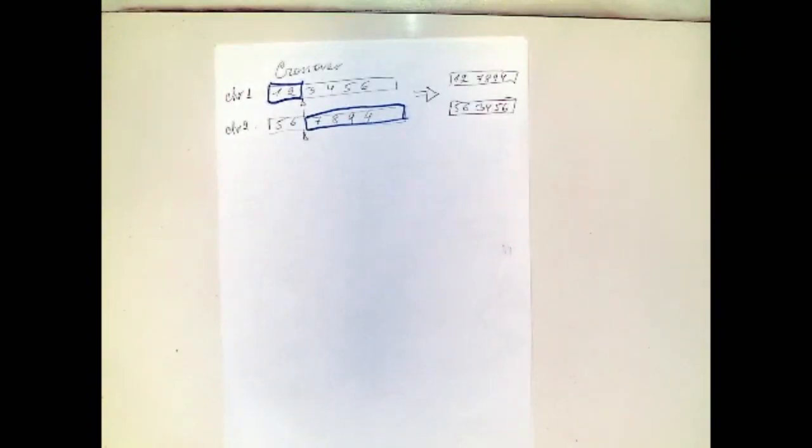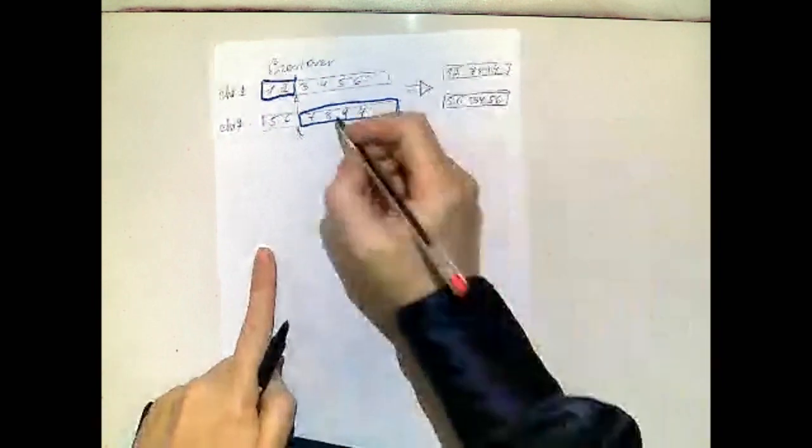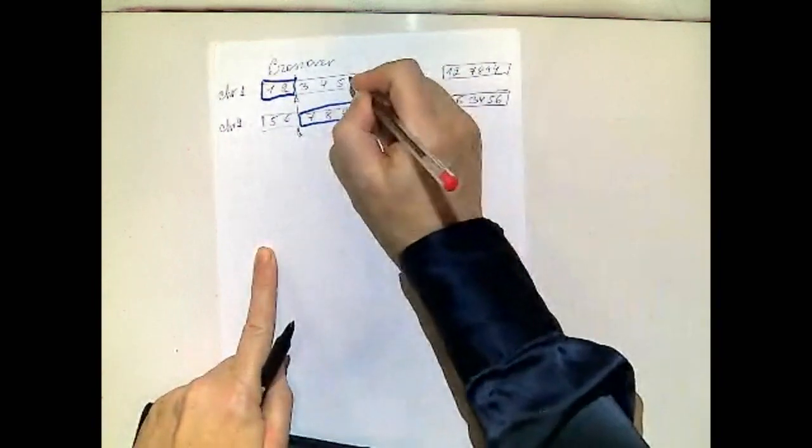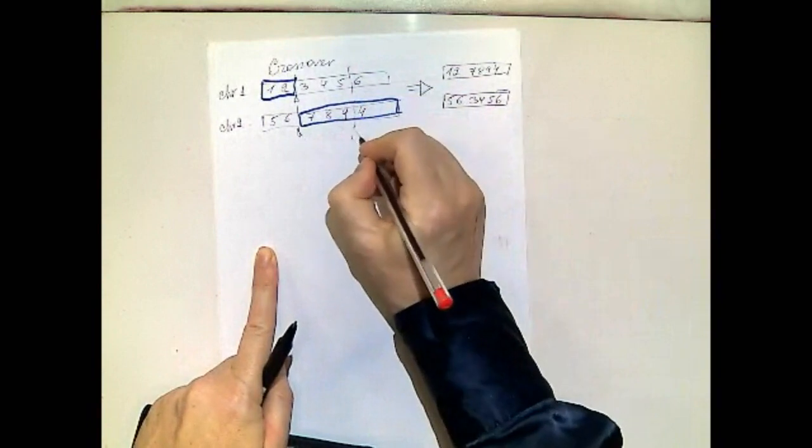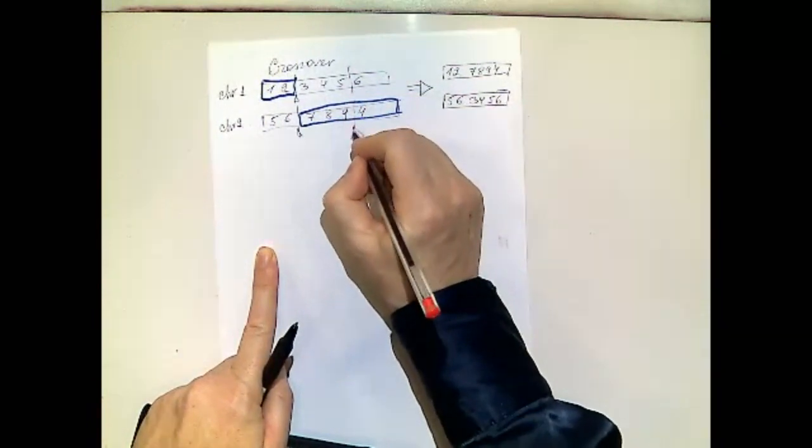If I speak about 2-point crossover, what does it mean? 2 points means I can put 1 point here and one more point here. So this will be a 2-point cut. Can you see it?